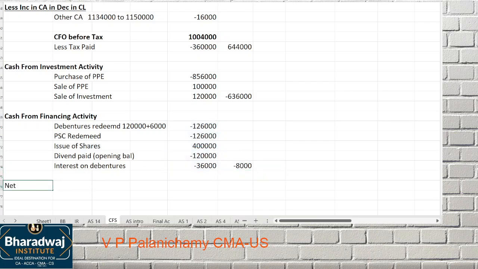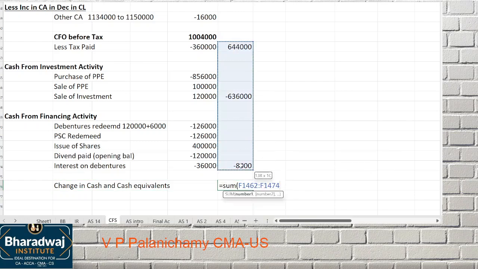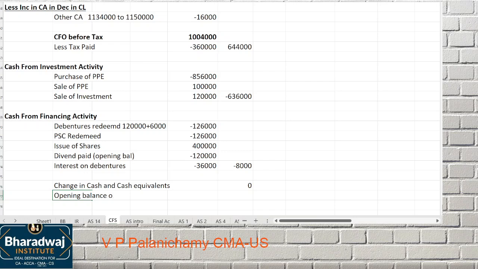So net increase. No. Change in cash and cash equivalents. What is the change in cash and cash equivalents? No change. Zero. Okay. Opening balance of cash and bank.